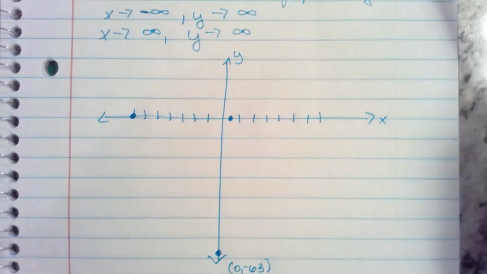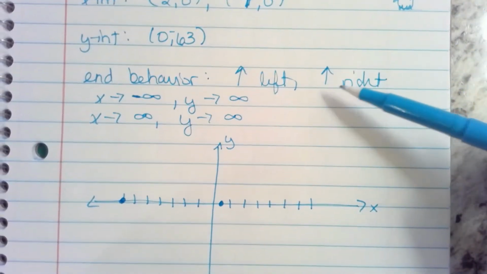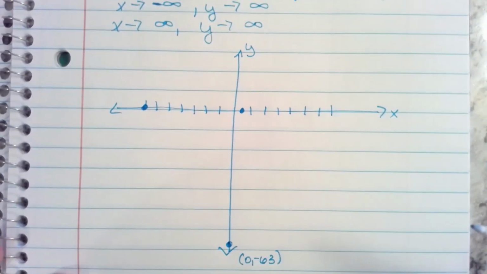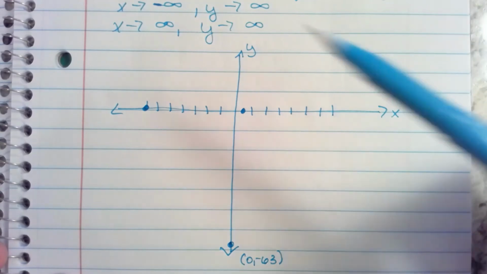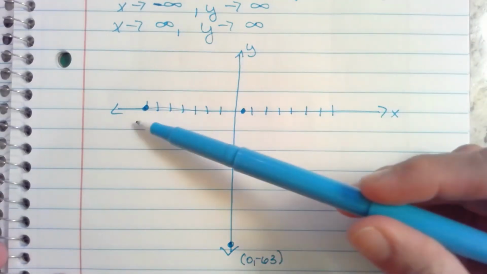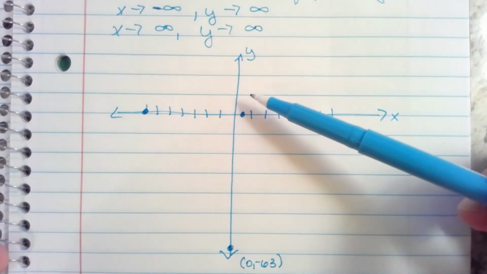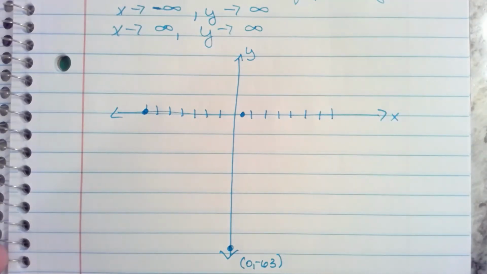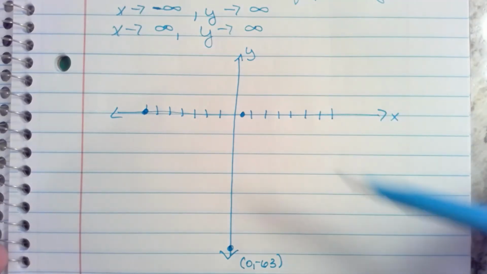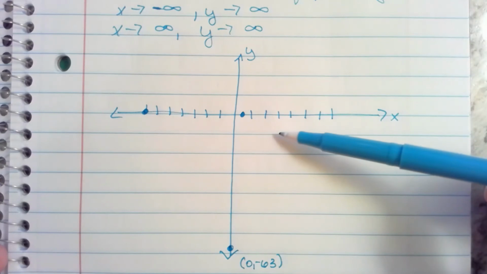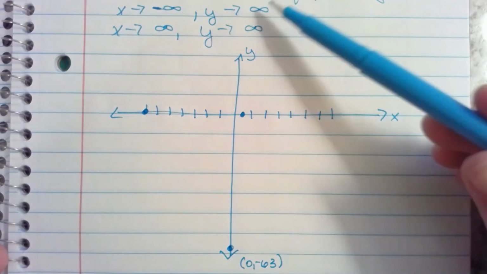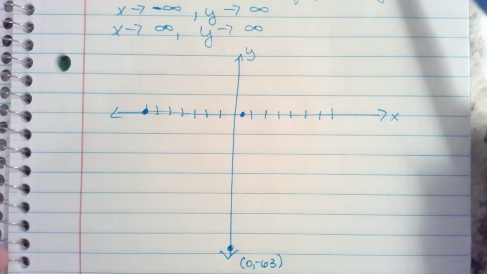But we do know that it goes up on the left and up on the right, correct? We also know that each of these represents a cross point. Now whenever you have imaginary zeros, that means that it's going to either come up and get close and go back down, or it's going to come down, get close, and go back up.